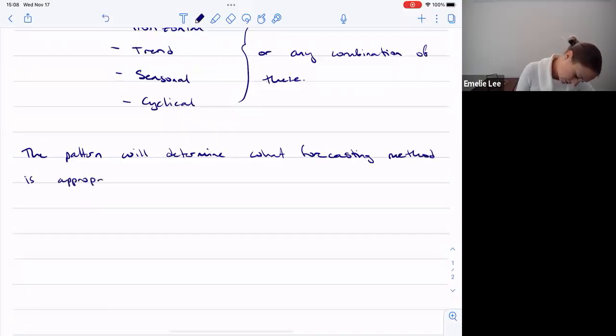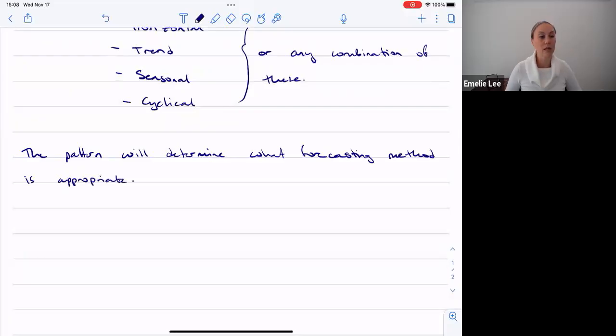Okay, and we're going to keep looking at some other forecasting methods. And so we looked at the naive forecasting method the other day, and we looked at the running average, the running mean forecast. So we've already seen two forecasting methods, and they were only for horizontal trends, right? Today we're going to improve that.